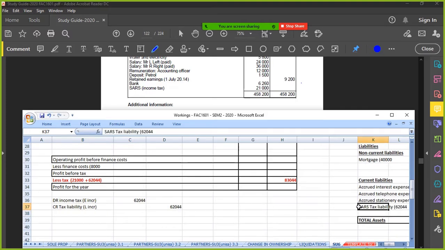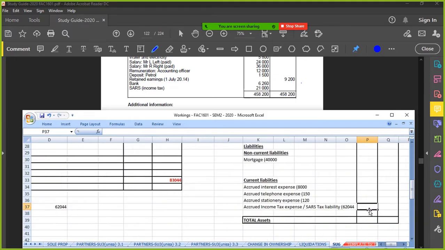If you really want to, you could call it accrued income tax expense, but then you're just being a bit more specific or less specific with the vocab.